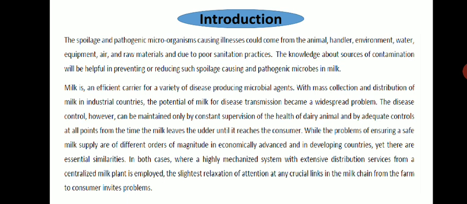The spoilage and pathogenic microorganisms causing illness could come from different sources. These are the different sources from which microbes enter into milk as well as milk related products: animals, handlers, environment, water, different equipment, microbes coming through air, raw materials, and poor sanitation practices.